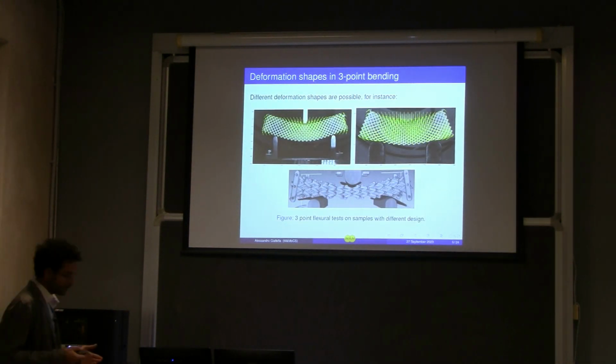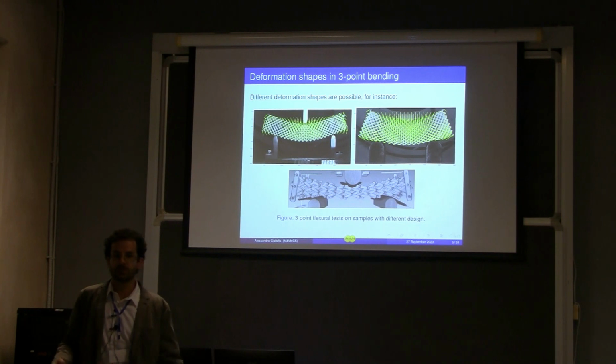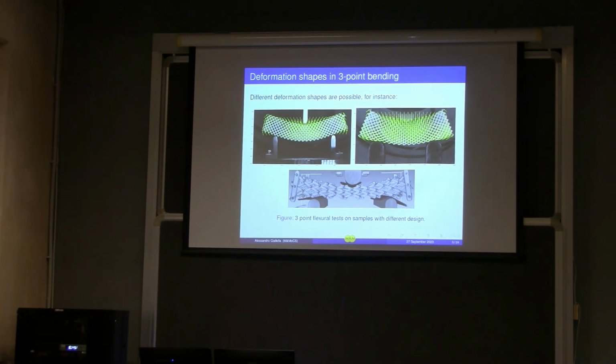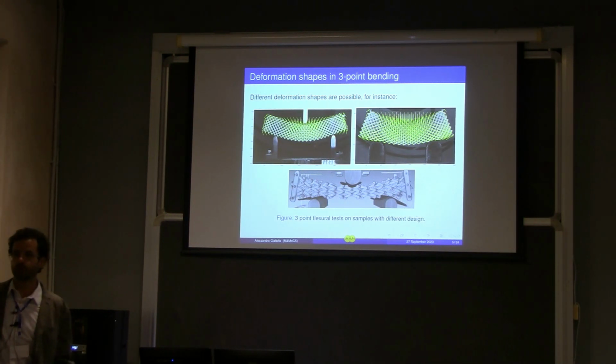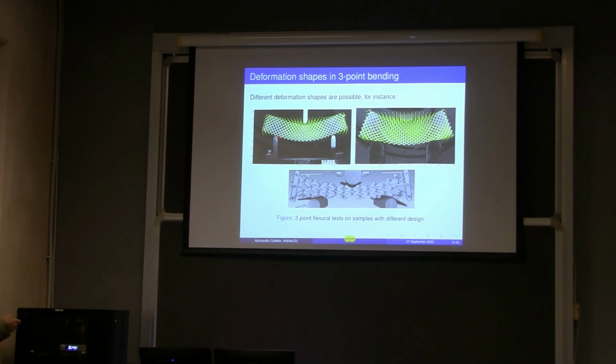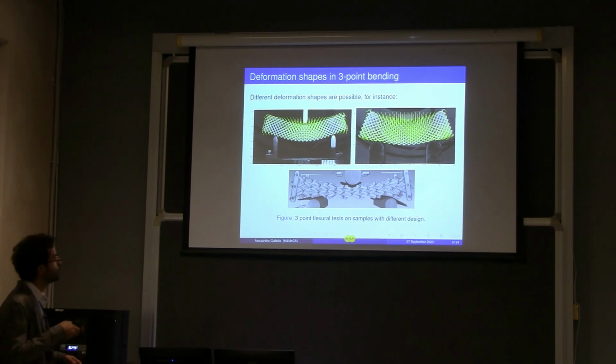Okay, so some experience we had with the first tests is that the behavior may be a little bit different case by case. So for instance, in this case we have three three-point bending tests. In the first case, we have essentially a vertical section that is translating rigidly, almost rigidly, and the specimen is deforming in this kind of U shape.